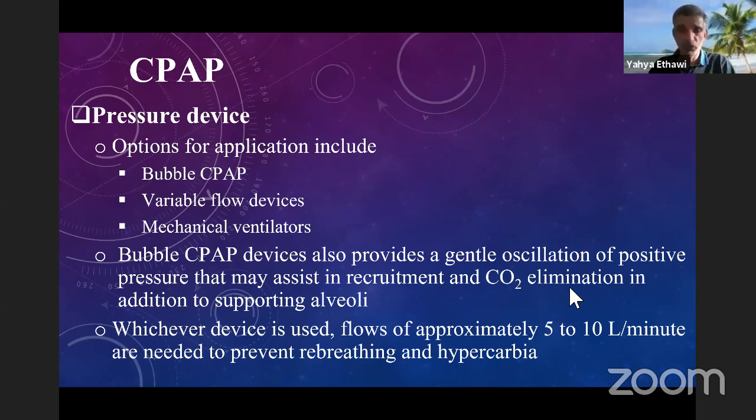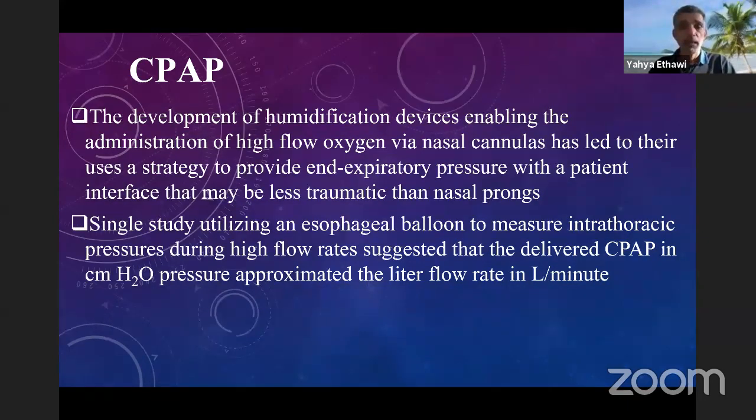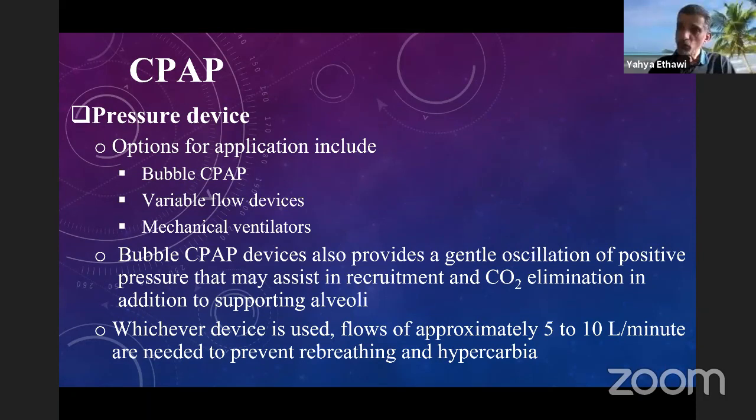So I don't use a fixed tone. I change the CPAP always depending on the performance. And the reason for that is because I want the child to rebreathe, to wash out CO2. And if you are not allowing the child to rebreathe because he's resisting CPAP, or you are giving CPAP during exhalation, then probably you will cause CO2 accumulation.